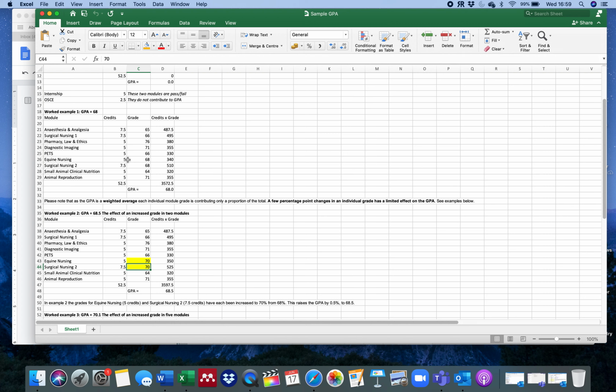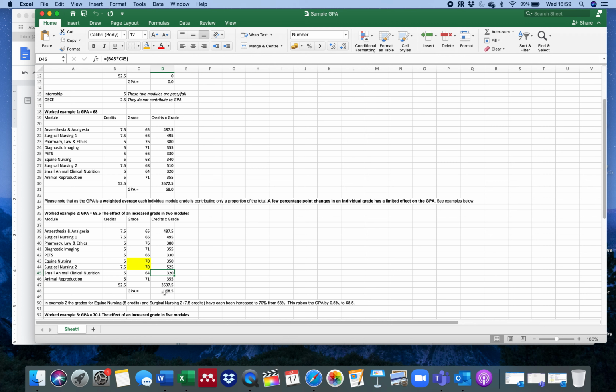Likewise, in surgical nursing 2, the grade was 68%, brought it up to 70. This is a 7.5 credit module, so it gives a heavier proportion of the weighting. That number increases from 510 to 525. Our total is now 3597.5. Divide that by 52.5, and the new GPA is 68.5.